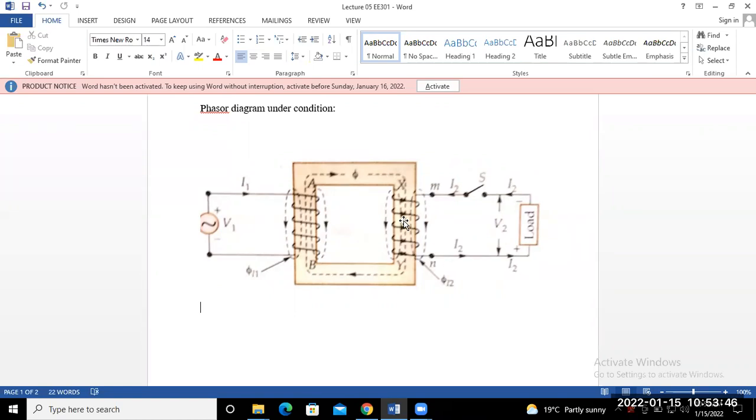What will happen when it is less than 90 degrees? Oh, so it doesn't have to be lagging or leading by exactly 90 degrees, sir.